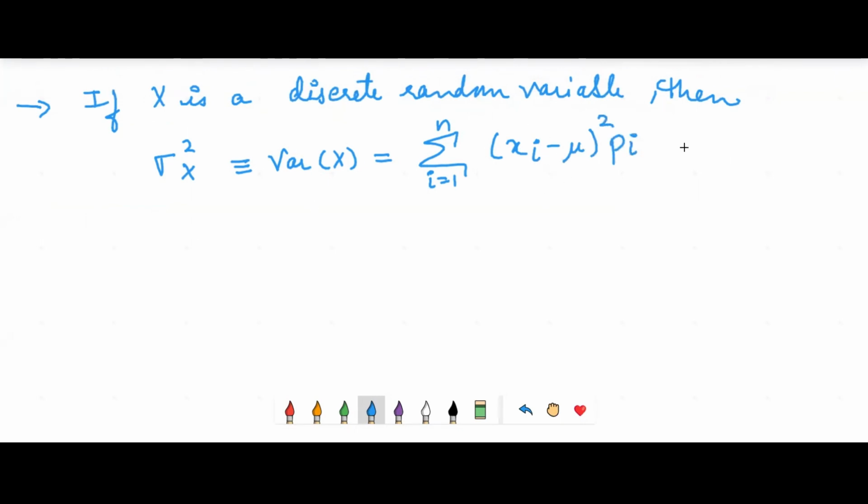How do we get this? Because we know that this is nothing but the expected value of (x minus x bar) whole square, and x bar is also written as mu sometimes.